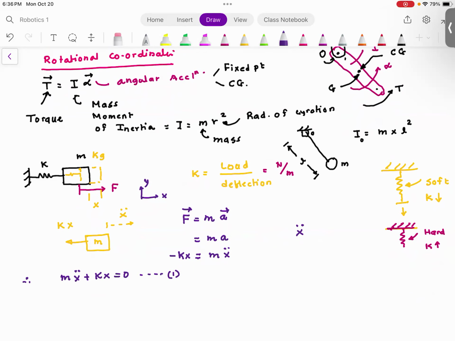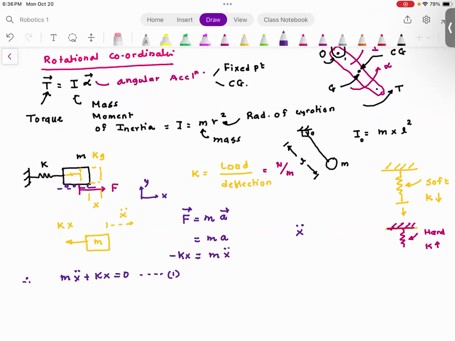Now what would happen? Please try to understand, there is no damping. It means you pull the mass, let it go. Let's just imagine this thought experiment. This mass is on a frictionless surface. There is no friction of any kind.